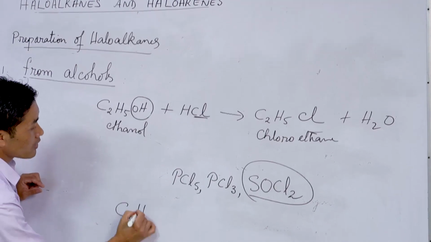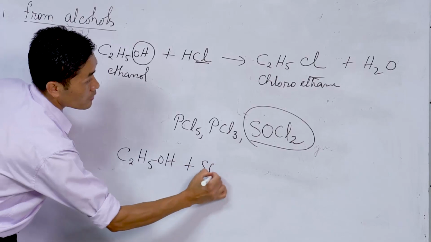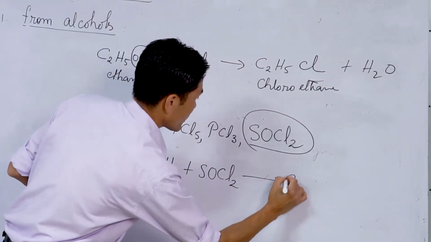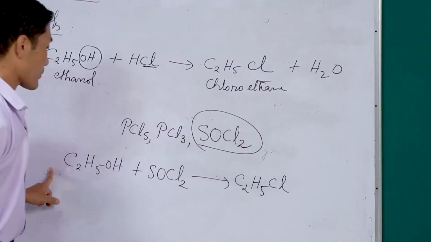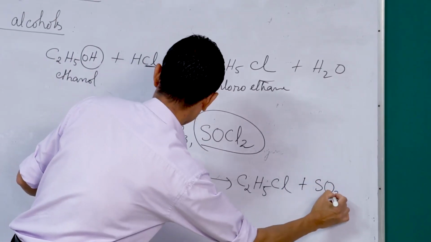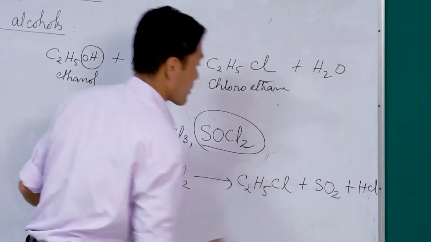Suppose once again we have ethanol. We treat it with thionyl chloride. We get chloroethane, and then sulfur dioxide, and then HCl gas.